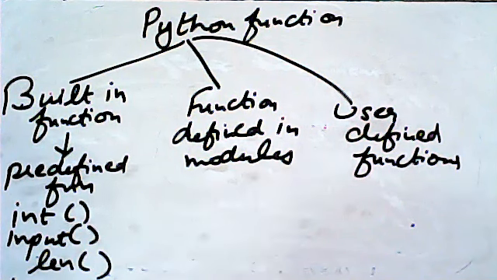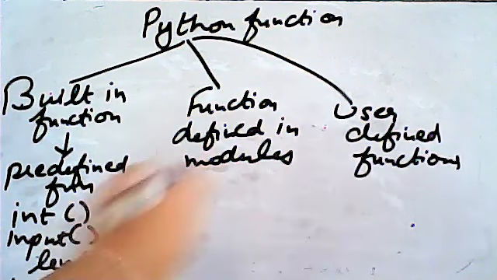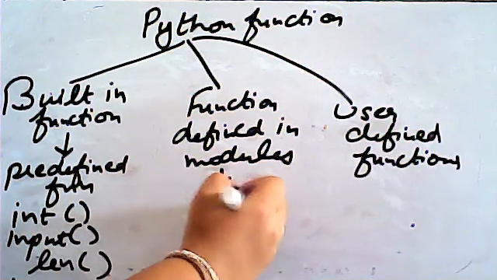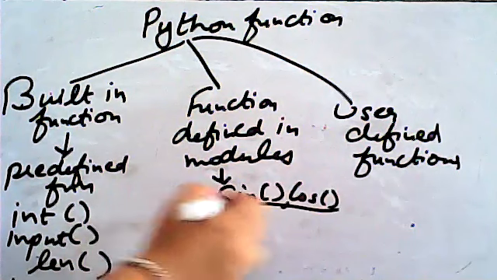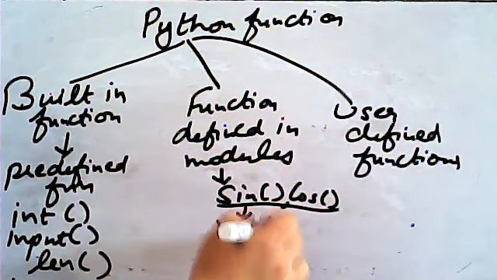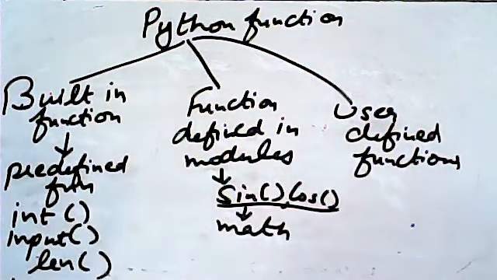Second is function defined in modules. So which are these functions? These are predefined functions, no doubt, but they are in a particular module. How? Suppose I want to use a sine function, cos function. So these functions are in a special module that is math.